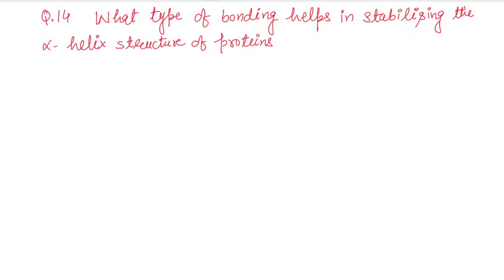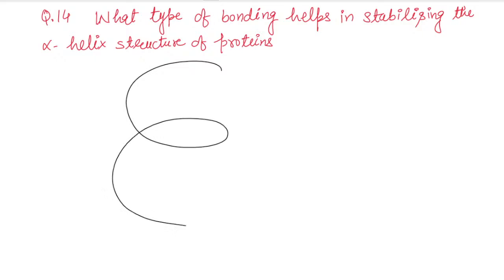Now, question number 14. What type of bonding helps in stabilizing alpha helix structure? It is like this, alpha helix structure. There is a single polypeptide chain which is folded back, and there is hydrogen bonding between CO and NH.